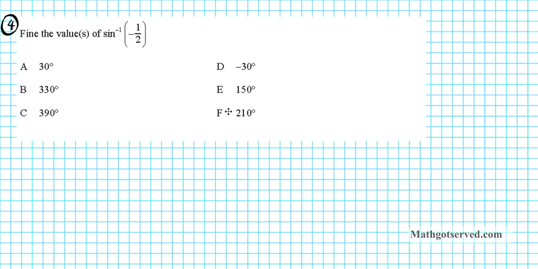Okay, so I'm going to use a calculator to show you how to figure out what this is. If we say some angle theta is equal to the inverse sine of negative 1/2, what does that mean? This follows that if I take the sine of both sides, sine of theta is equal to sine of the inverse sine of negative 1/2.